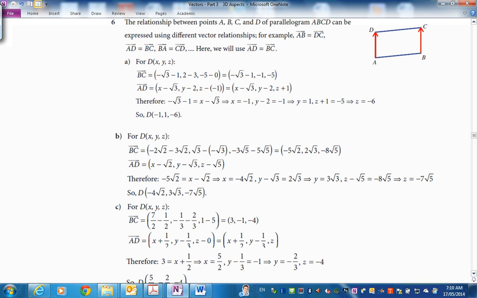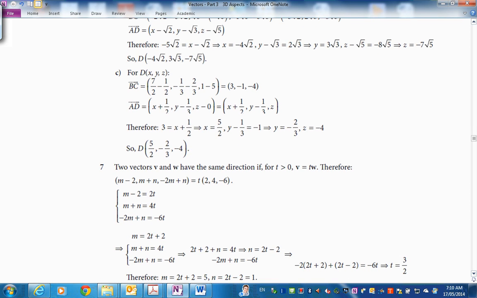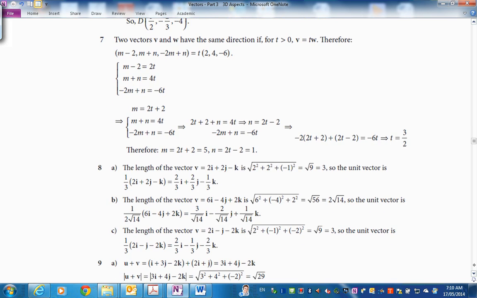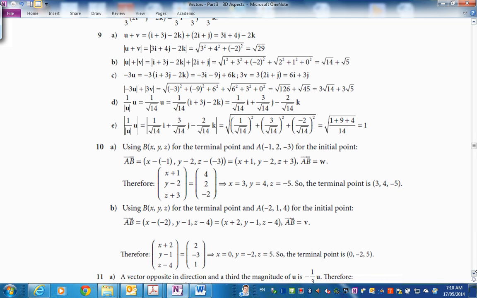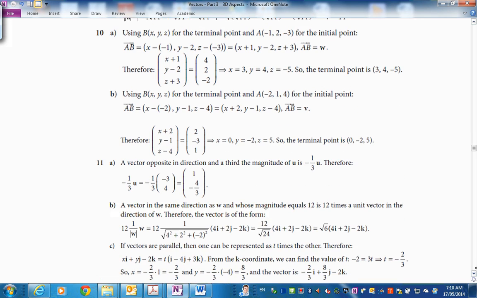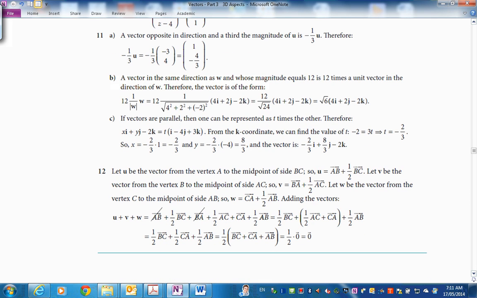Question 6, A and B. And C. Questions 7 and 8. Question 9. Question 10. And question 11 and 12.